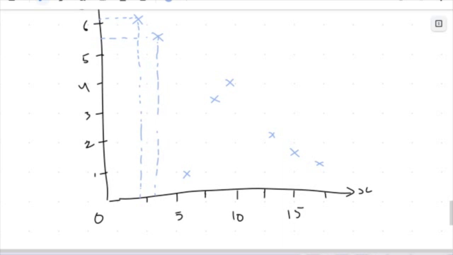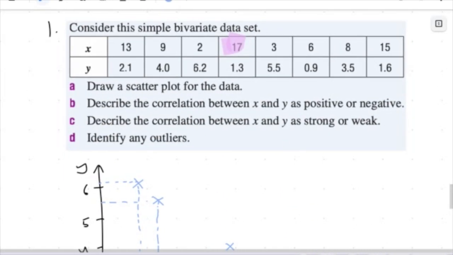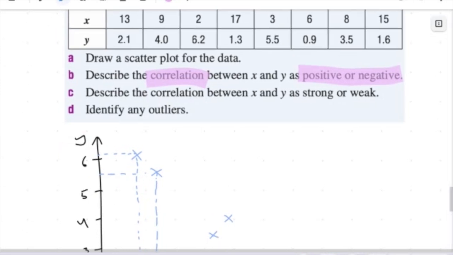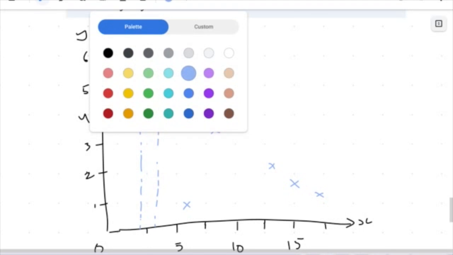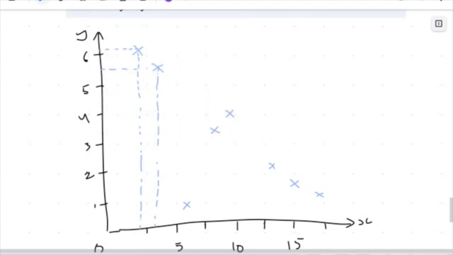Okay, so now that we've plotted all of these points on our plane, we can now start to talk about describing the data. So we've done part A. Now in part B, we want to describe the correlation between x and y as positive or negative. So from the last video, if we remember, positive or negative refers to the gradient of our points. So if we were to draw a line showing the trend, would this be a line with a positive gradient or a negative gradient?